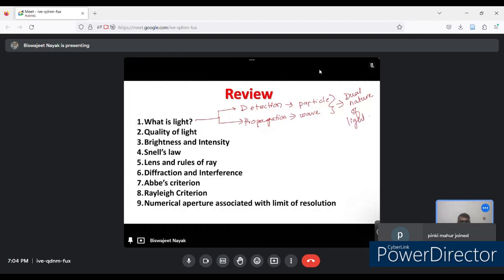Then he moved on to the quality of light, explaining monochromatic light, polychromatic light, linearly polarized light, non-polarized light, coherent light, non-coherent light, collimated and divergent light.